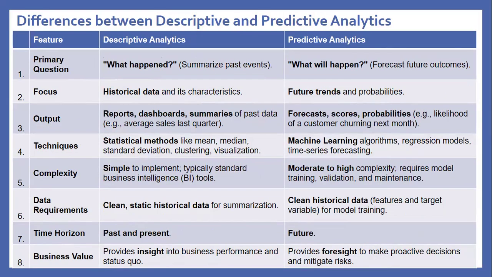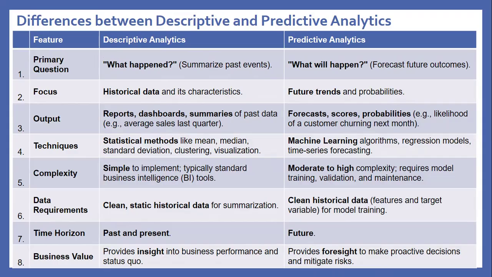Google question: difference between descriptive analytics and predictive analytics. Primary question: descriptive analytics asks what happened, summarizing past events. Predictive analytics asks what will happen, forecasting future outcomes. Focus: descriptive analytics focuses on historical data and its characteristics.